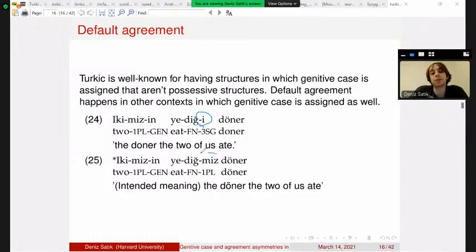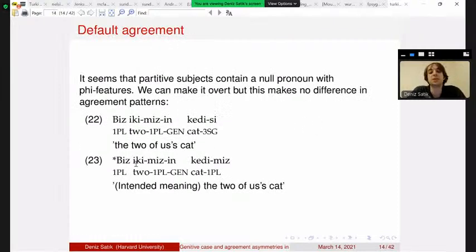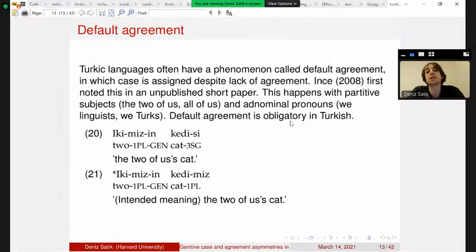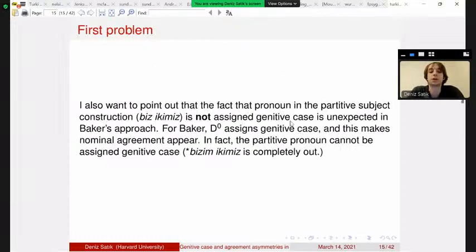And you cannot have first person plural agreement on the noun. You need to have default agreement. You can't have full agreement. By the way, constructions like 25, so ikimizin yediğimiz döner and biz ikimizin kedimiz or ikimizin kedimiz, that's actually totally fine in most other Turkic languages. And we'll talk about that in a minute.